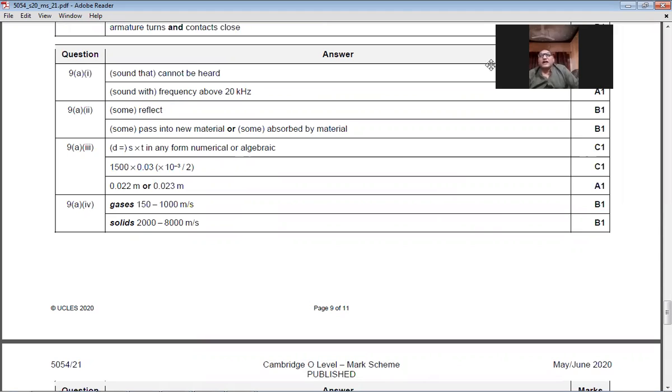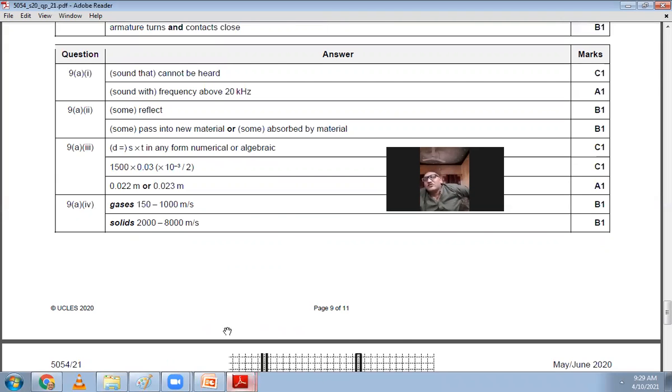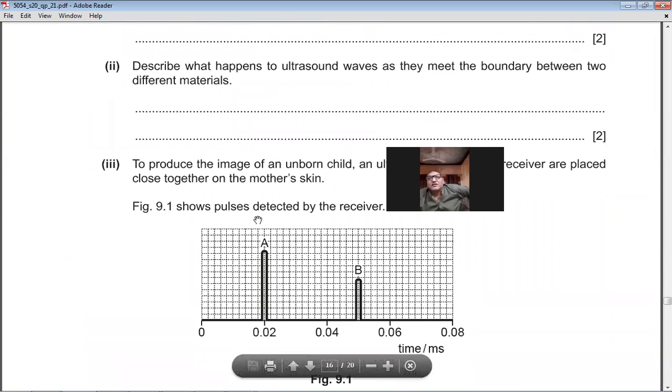Question number 9, its first part is sound that cannot be heard, sound with a frequency above 20k hertz. And 9A, second part, some ultrasound is reflected, and some passes into the new material or is absorbed by it. So hopefully you can write these answers, and let's move to the next part.